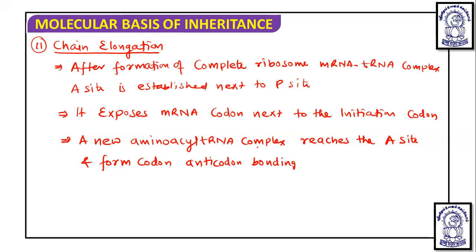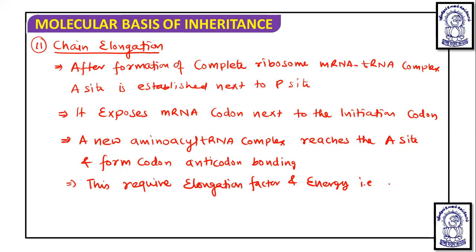So if it is UUU, the phenylalanine-containing tRNA is going to come and bind and reach the A site and form codon-anticodon bonding. Now this requires elongation factor and energy, that is GTP.